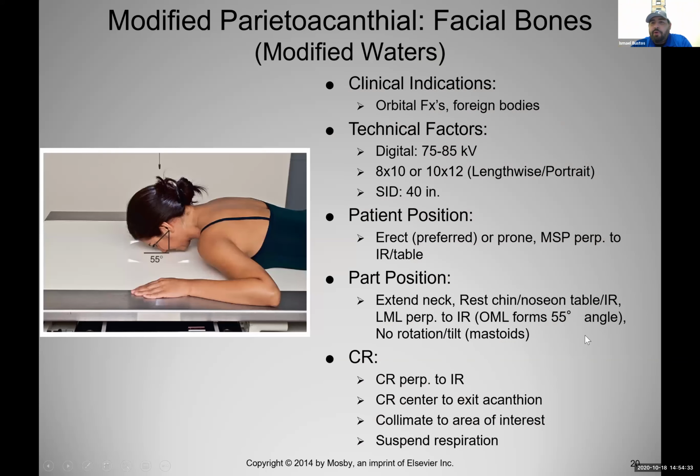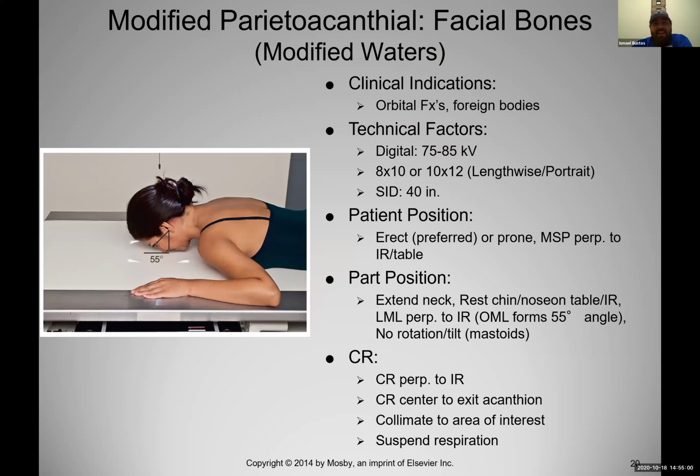As far as visualizing the orbit, this is going to best visualize the infraorbital margin. So the bottom of the orbit will best be visualized with this modified Waters. It's better visualized than the regular Waters because there's less distortion, because there's less extension of the head.